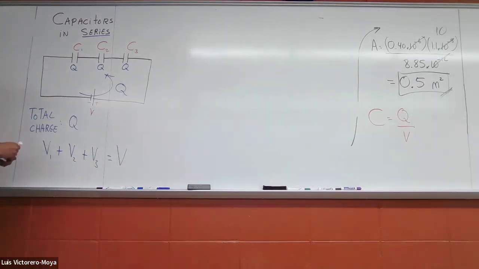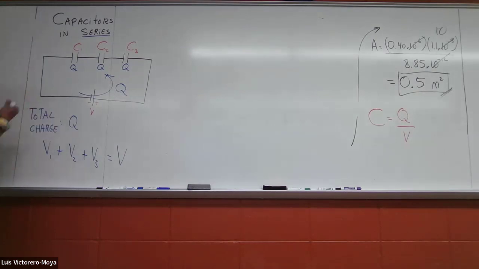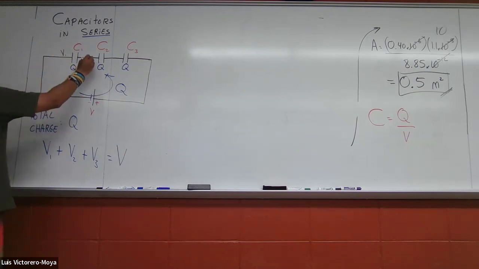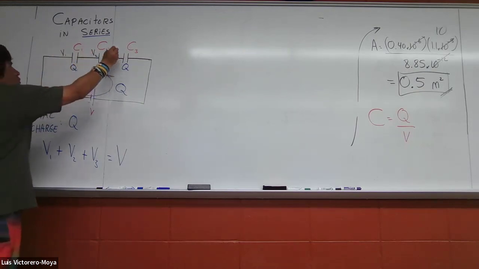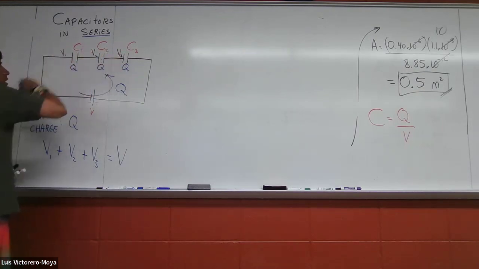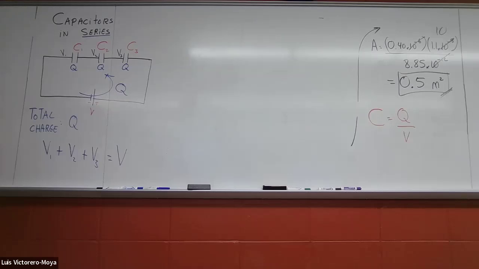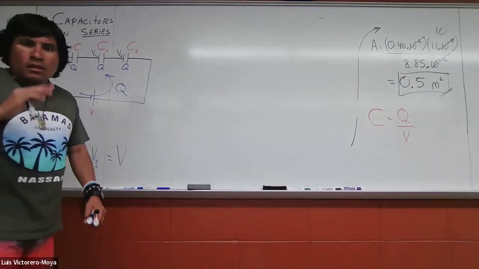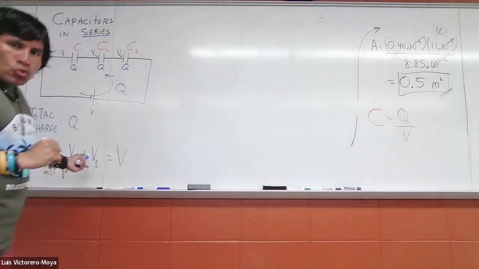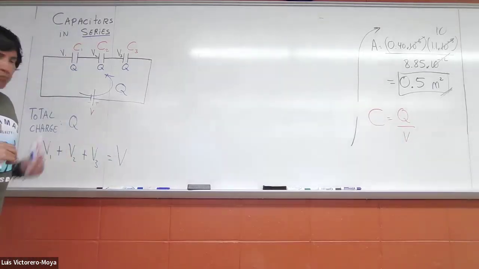So what happens is that in series, each one of these capacitors has a voltage V1, V2, V3. They are different. By conservation of energy, if you add them all, you get a voltage in the circuit.